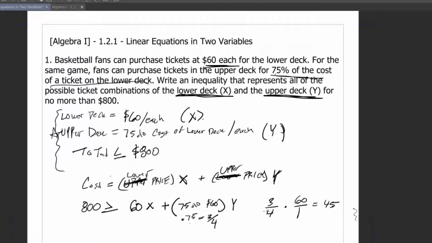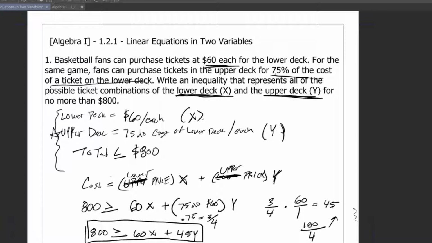I'm skipping some of the math, but ultimately that would be 180 over 4, which is equal to 45. So the equation that we ultimately get is 800 is greater than or equal to 60x plus 45y.